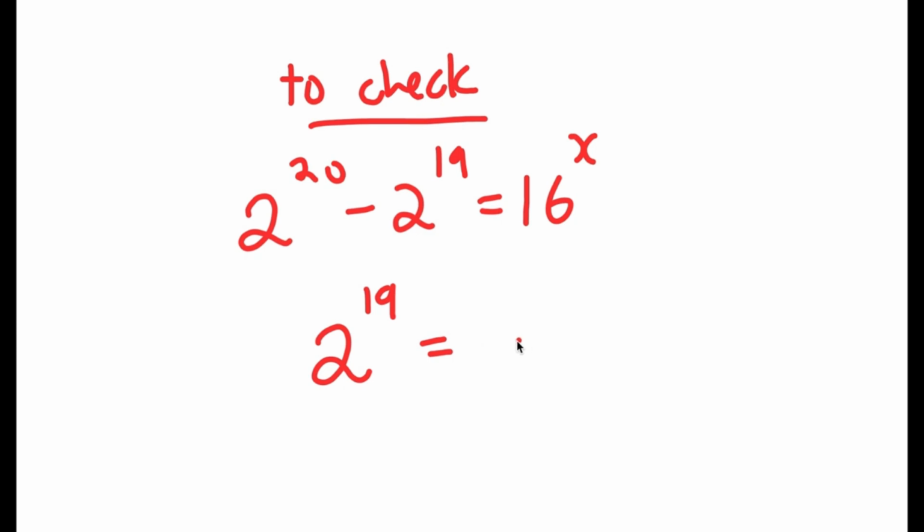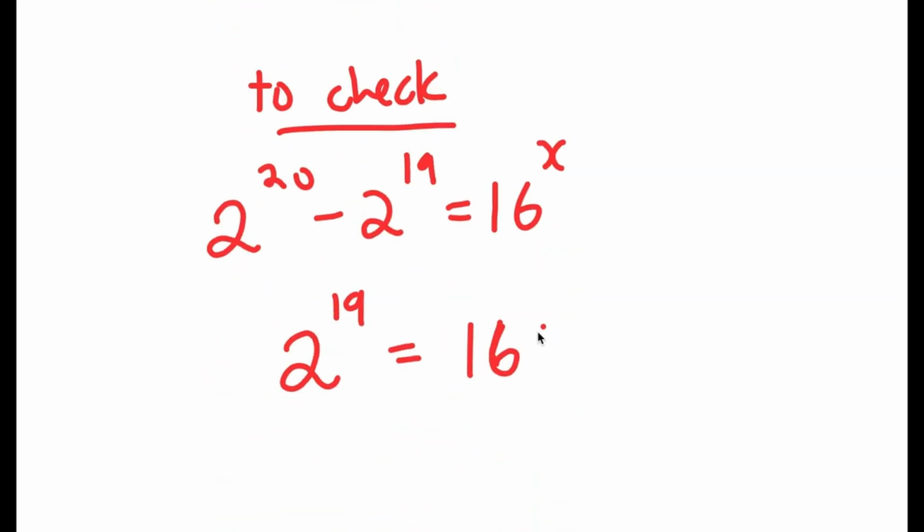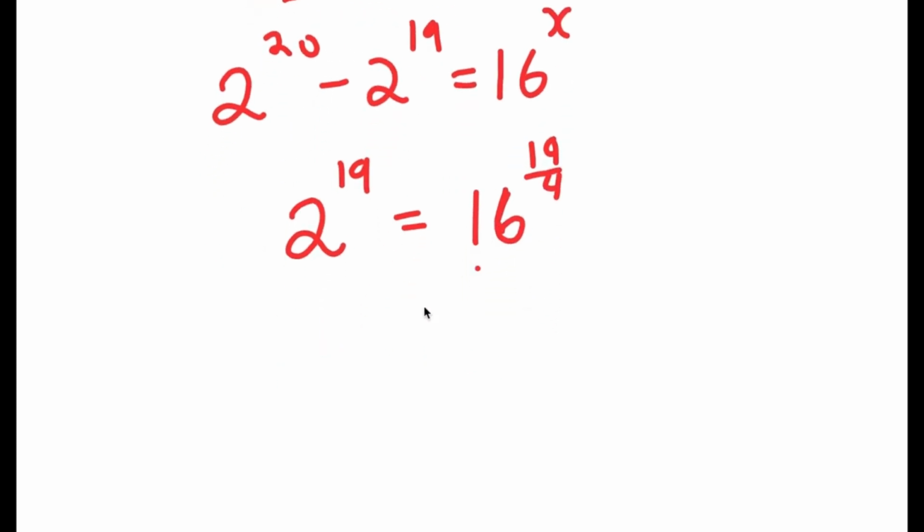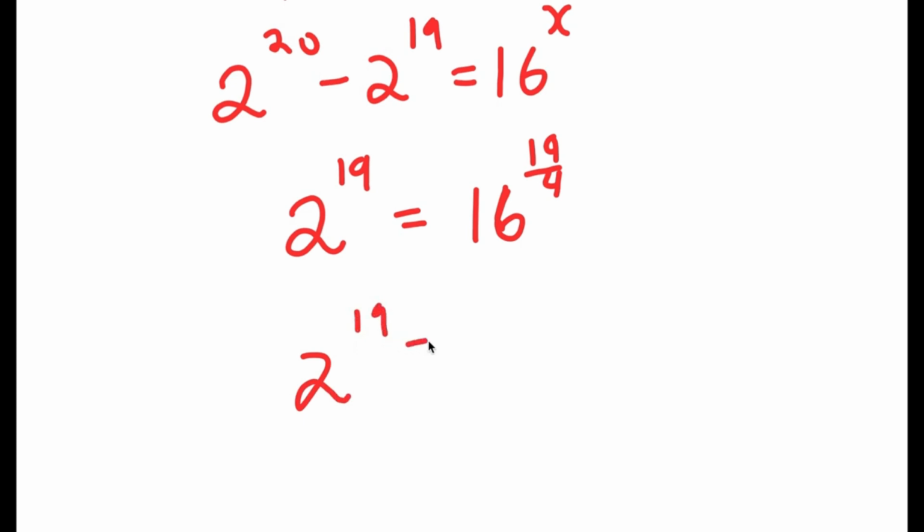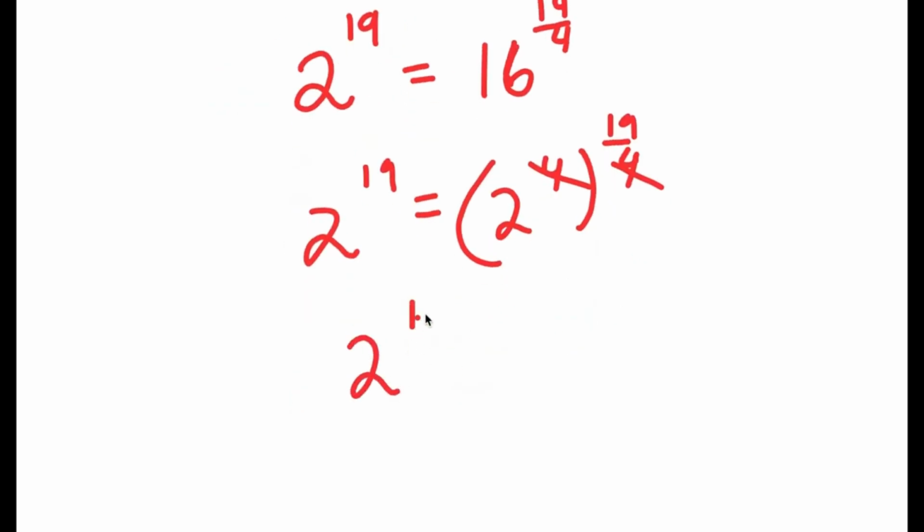So we get 2 to the power of 19 is equal to 16 to the power of 19 over 4. Now 16 is the same thing as 2 to the power of 4, so now I have 2 to the power of 4 to the power of 19 over 4, and these two 4's cancel out, so I get 2 to the power of 19 is equal to 2 to the power of 19.